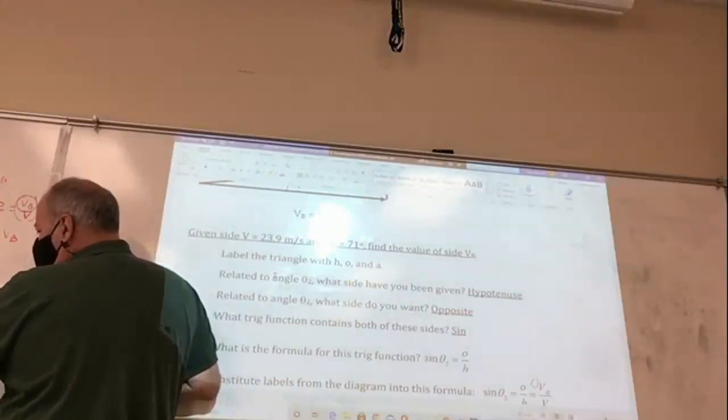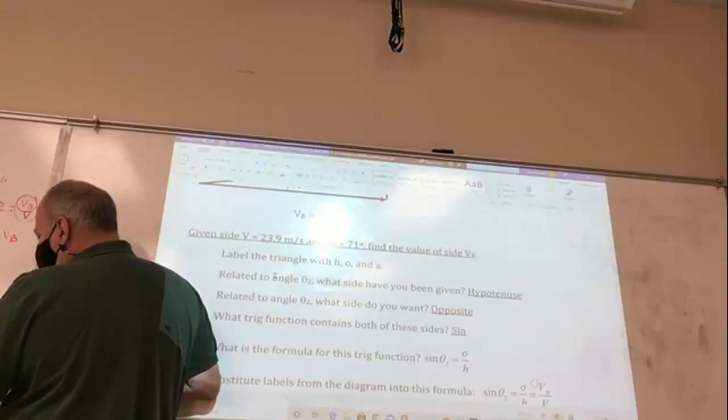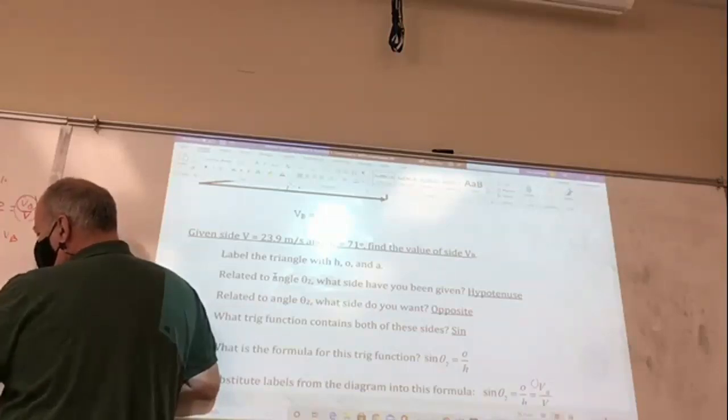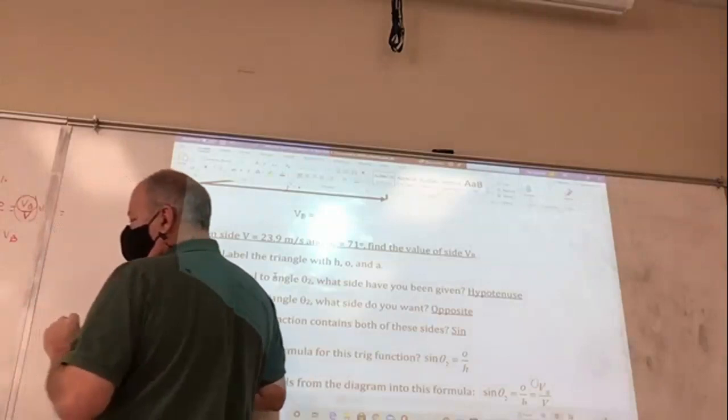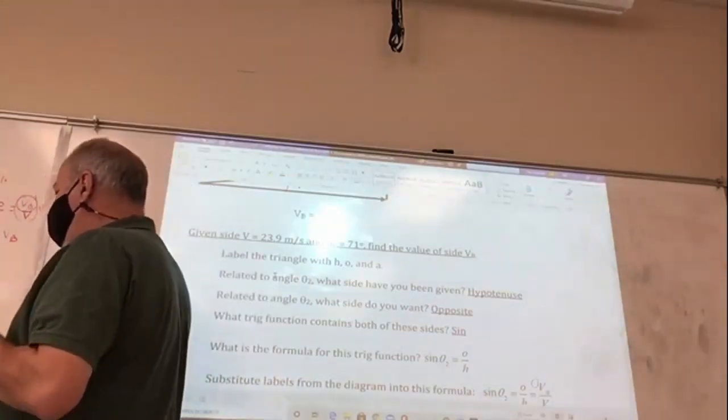I know that sine of theta equals VB over V. Therefore, in order to find VB, I need to multiply V times the sine of theta. And you can even draw these little arrows around if you want to. You don't need to. But if that helps you see what you need to do to solve the problem.